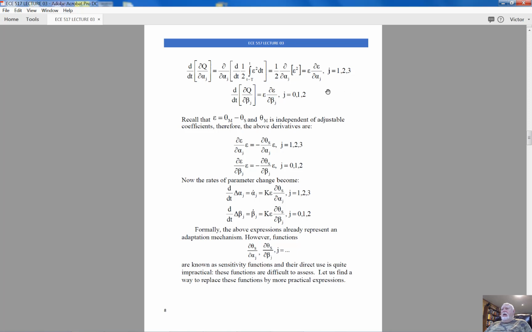You may ask me, what happened to the minus that was there? We're taking the derivative of the error, but error is defined as a difference between theta model and theta system. Theta model, the output of the model, does not depend on the parameter alpha or parameter beta.